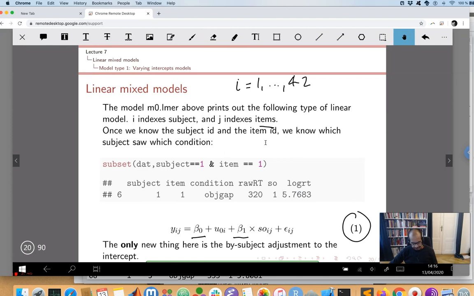There's nothing new here. The only thing new here is that for each subject I have a new term which I'm calling u sub 0, which represents a numerical value that's an adjustment to the grand mean beta 0 intercept for that subject I. Okay, that's the only new thing in the linear mixed model right now.